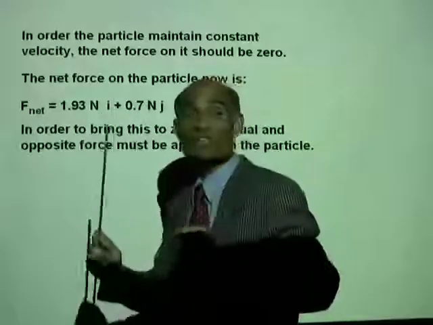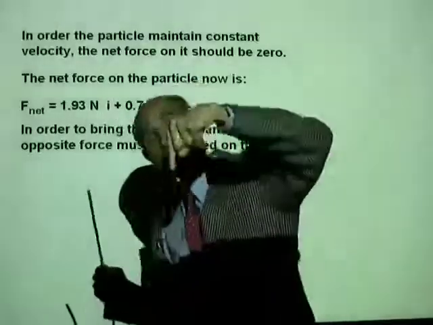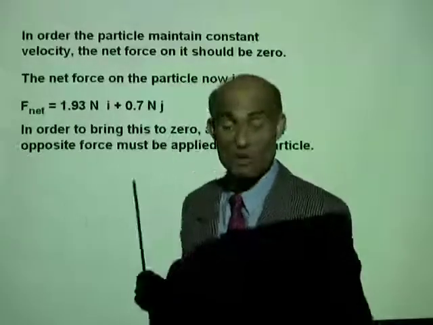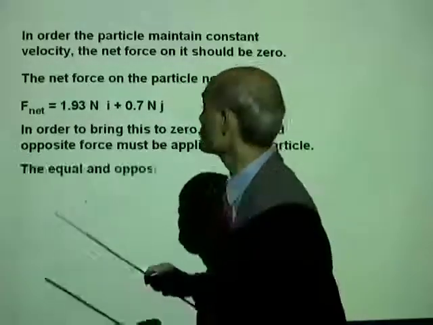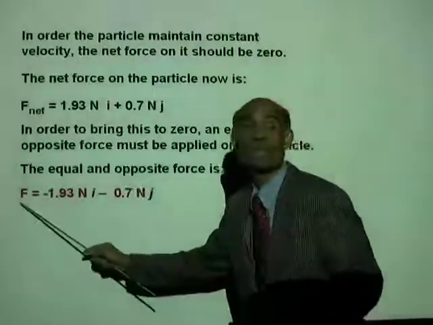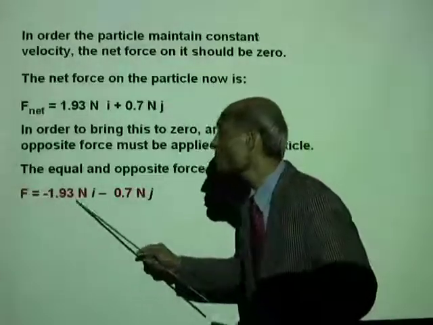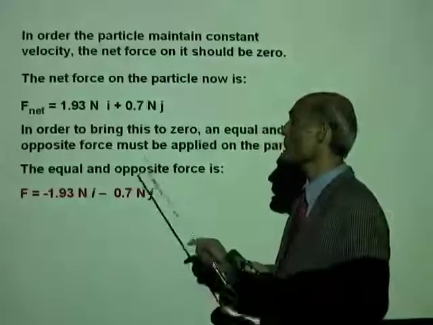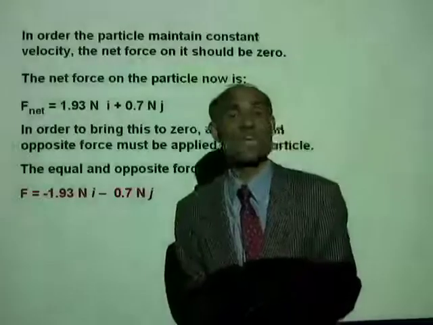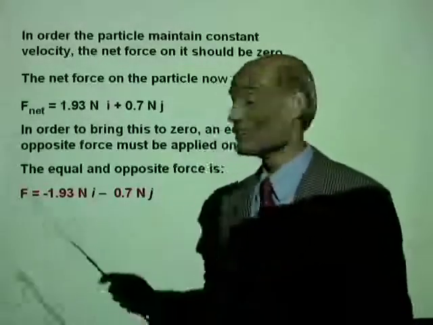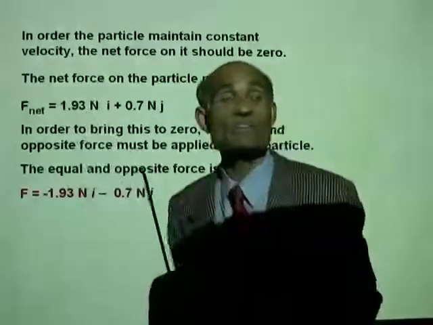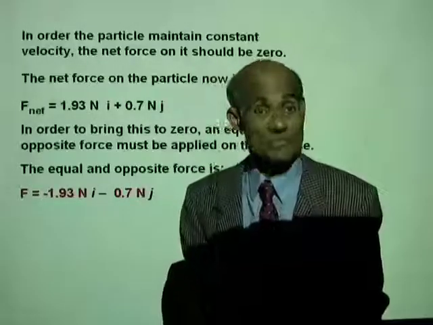If there is a 0.7 Newton J, then apply a negative 0.7 Newton J. That will balance the Y force. So the equal and opposite force will be F equal to negative 1.93 Newton I minus 0.7 Newton J. This force will balance this so that the net force will be zero.